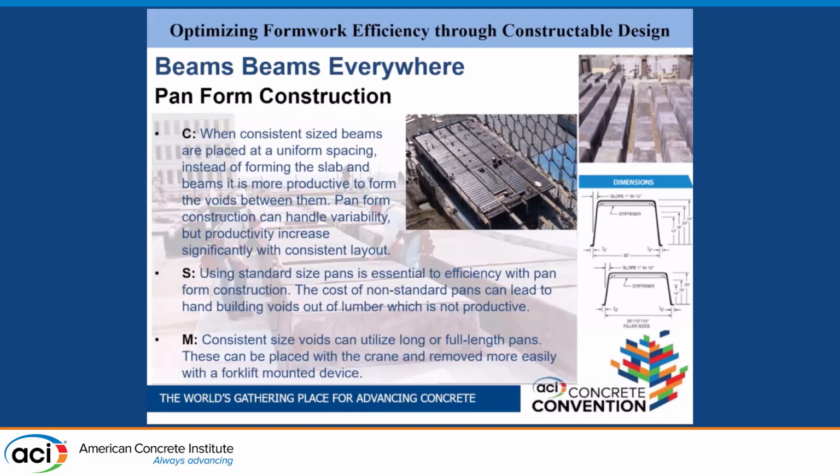You can use longer length pans. You can have those as one piece. They work much better from a mechanization standpoint, if you can be flying them with the crane instead of placing them by hand. Also, removing them is much easier. You can remove them with a forklift rather than removing them piece by piece by hand. So the bigger sections we can use, the better off we are.